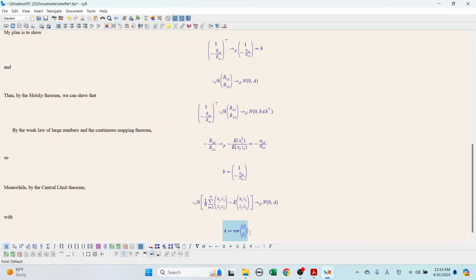Okay, this is the standard central limit theorem. By the way, one thing I should have mentioned was, if the null hypothesis is true, by the central limit theorem, we get this.